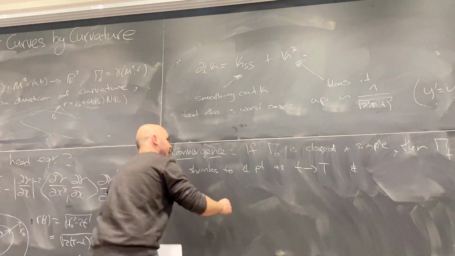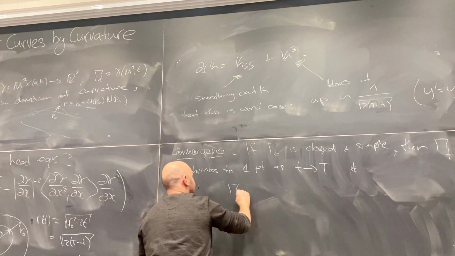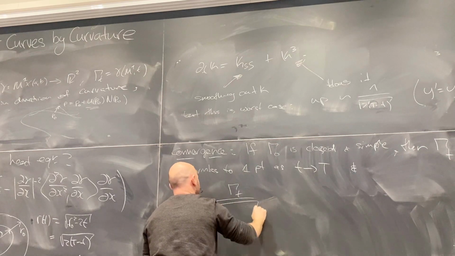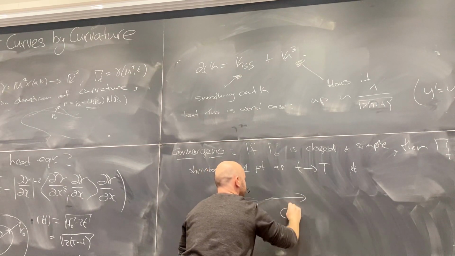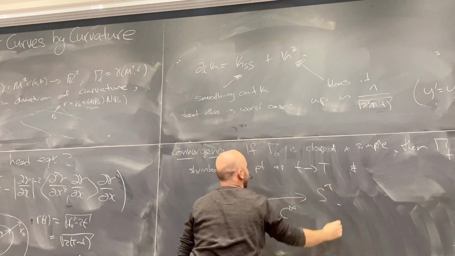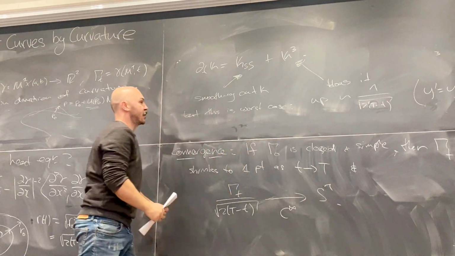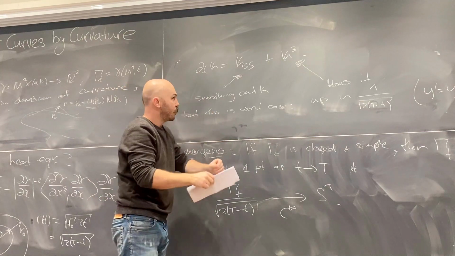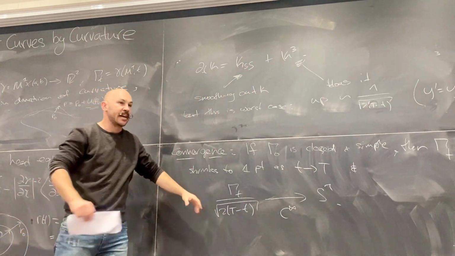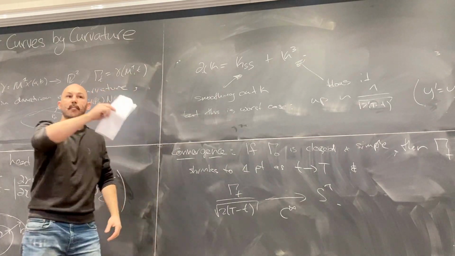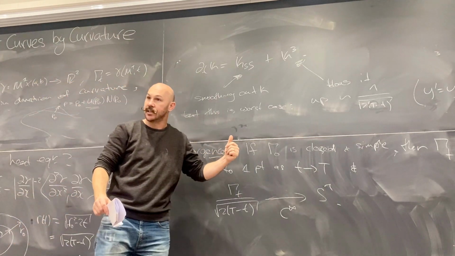It tells you that gamma t over square root of 2 times (T minus t) converges in a smooth topology to the unit circle. Okay, so as long as you zoom in order to negate this blowing up, diffusion does manage to completely uniformize the curvature. The circle has constant curvature.